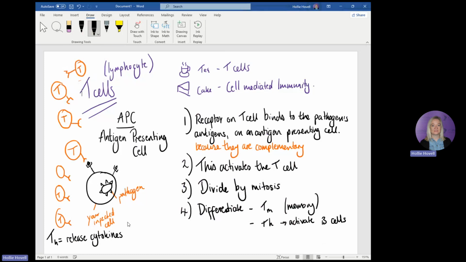The one that they release is called interleukin. Okay, but it's really important that we know that T helper cells release cytokines, and it's those cytokines that help the B cells to divide, and also they stimulate phagocytes, so we're more likely to engulf those pathogens and get them out of our system.